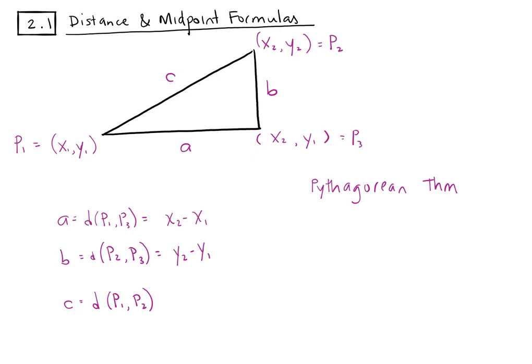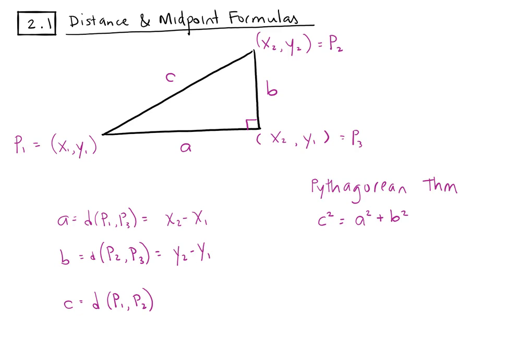How do we find that distance? Well, we don't know yet, so what we're going to say is, hey, we know that this is a right triangle. We're going to use the Pythagorean theorem, which says a squared plus b squared is equal to c squared. I'm going to just put that on this side.